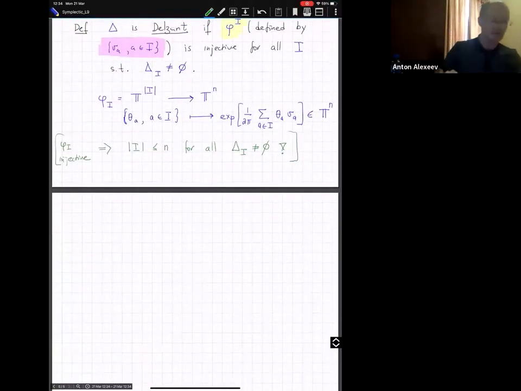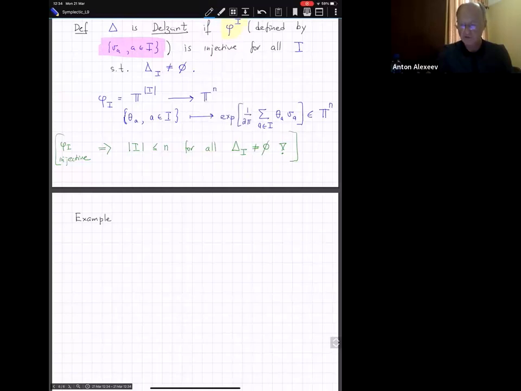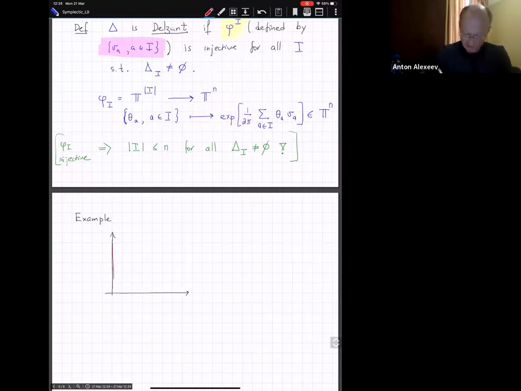All right. So let me just do my favorite example with a triangle and show that it is indeed Delsarte. How do I draw it? Maybe I draw a triangle which is a bit larger.